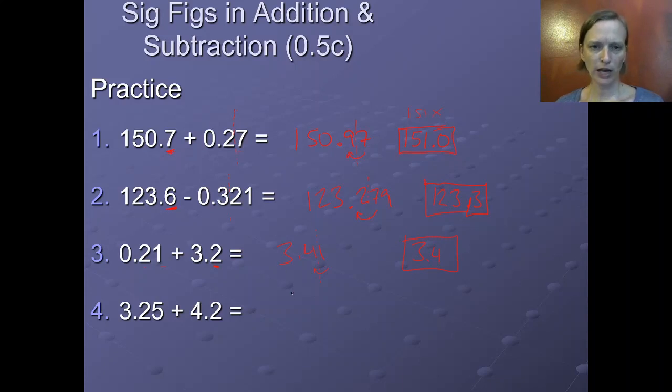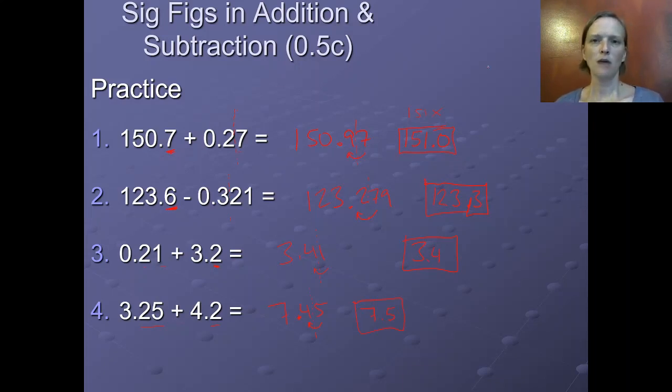And for question 4, again, if you plug this into the calculator, you get 7.45. But let's see, 2 decimal places, 1 decimal place. My final answer can only have 1 decimal place. I'm going to need to round up because this number is 5 or above, and you get 7.5.